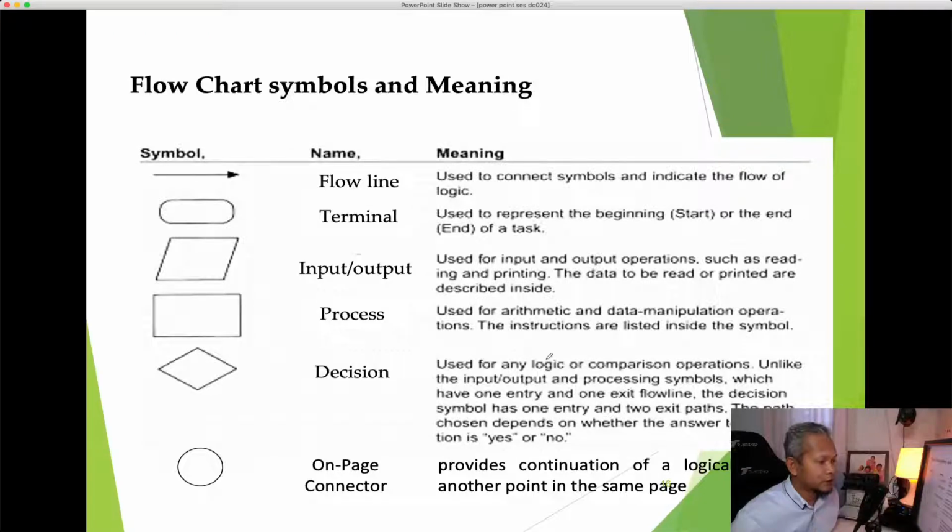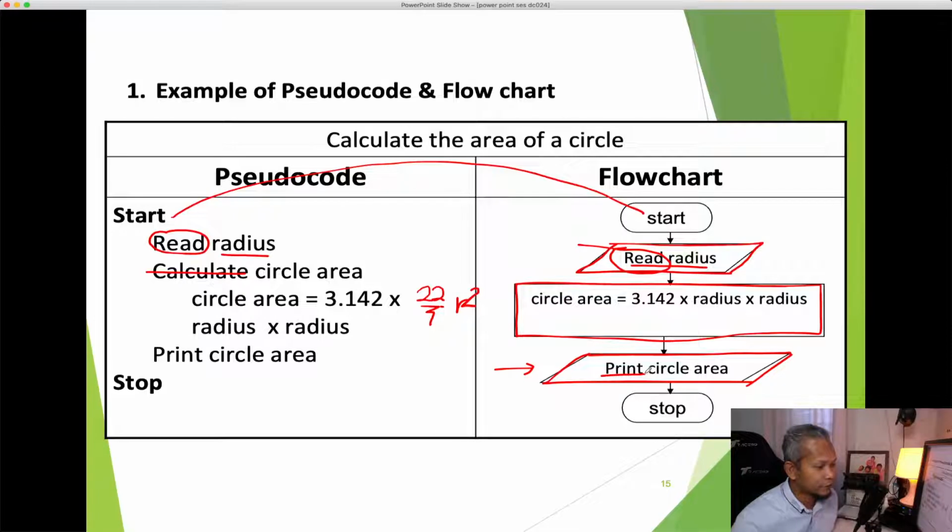In the next process here we are using the same shape, a parallelogram, and this parallelogram has a dual function. So for the output, if you want to represent the output function, you need to put print, display or output, because this same shape has two functions.